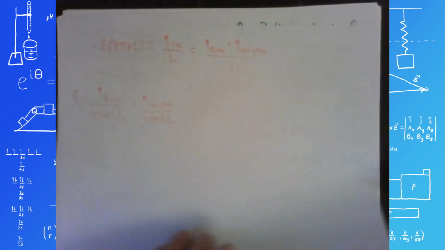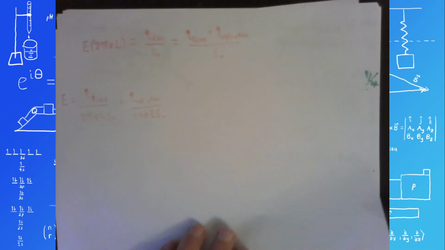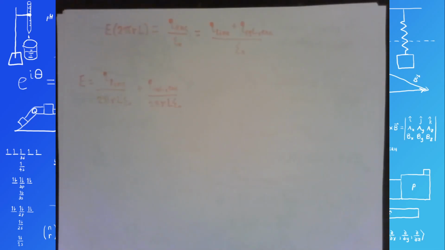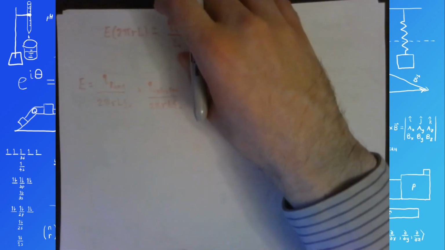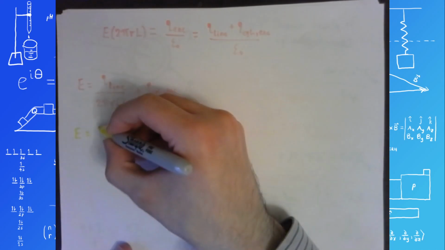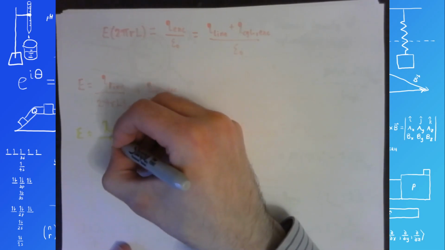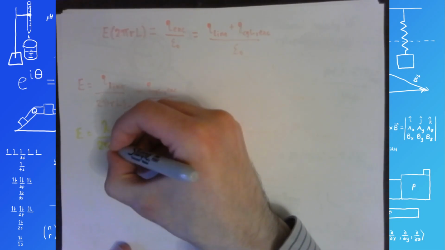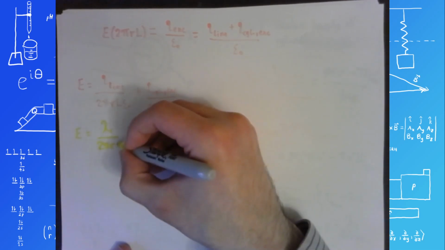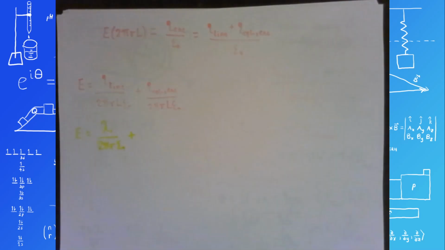This part we already know. It just reduces to lambda 1 over 2 pi r epsilon naught. So I'm going to go ahead and copy that result over here. Lambda 1 over 2 pi r epsilon naught, and then plus, here's the part that is a bit more tricky.